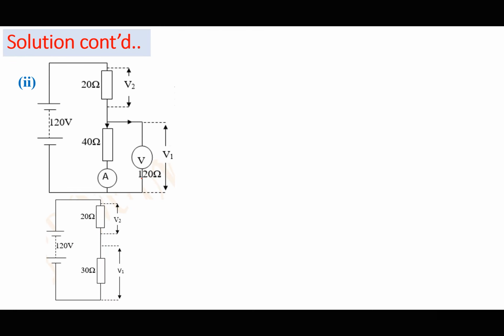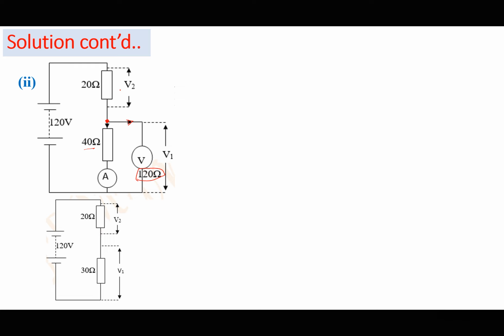Now we have a voltmeter whose resistance is 120. This is not infinitely high, so some current flows into the voltmeter. So there is now a junction here where some current flows into the 40 ohms and some current continues to the voltmeter.